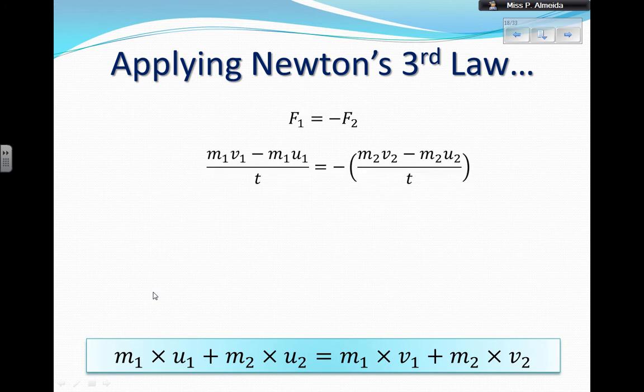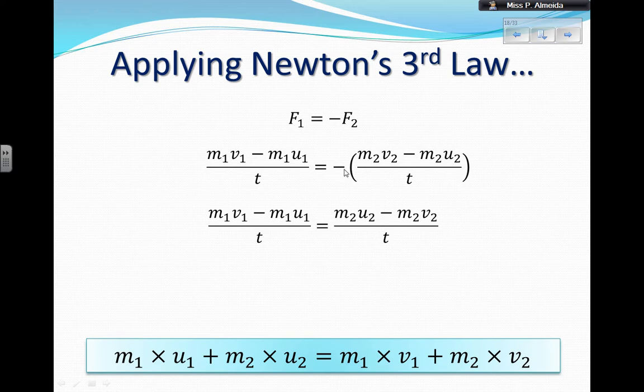So I'm picking the formula for F1, and I'm substituting under F1, and I'm picking the formula for F2, and I'm substituting under F2, and I'm putting the brackets here because the minus sign applies to everything that is in there, okay? So m1 v1 minus m1 u1 divided by t, the time, equals, and now I'm applying the minus sign, okay?